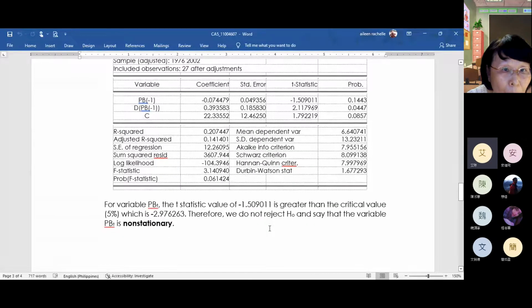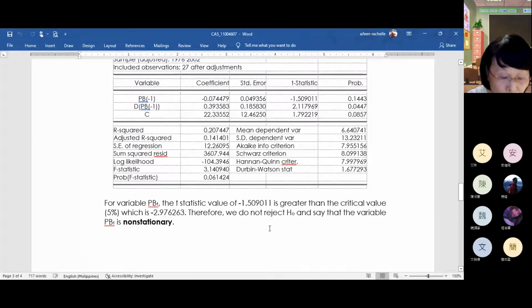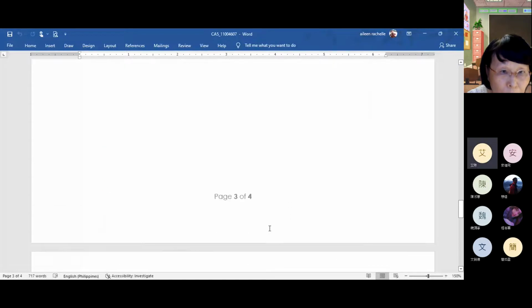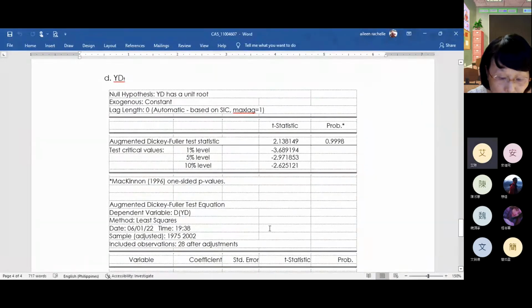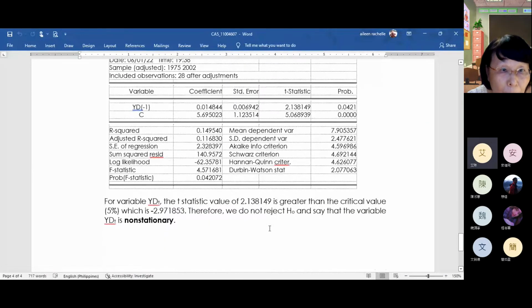The statistic value is greater than the critical value at 5%, so non-stationary. For variable YD, the statistic is also greater than the critical value, so non-stationary. That's all, Professor and classmates.